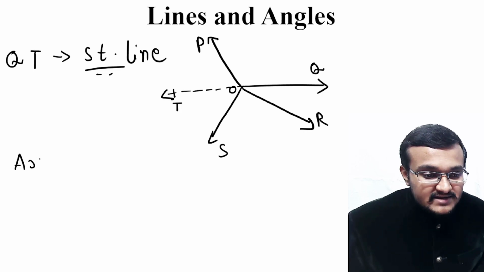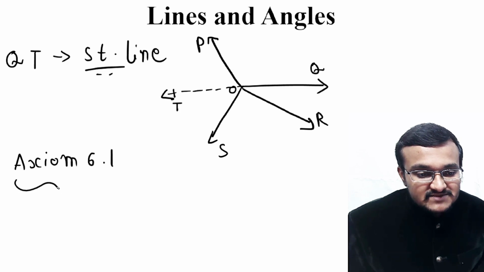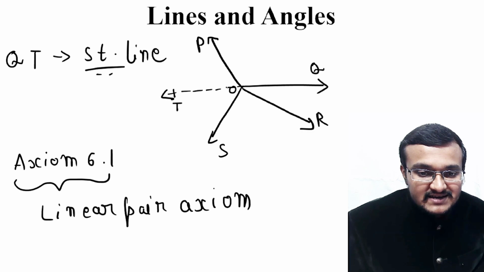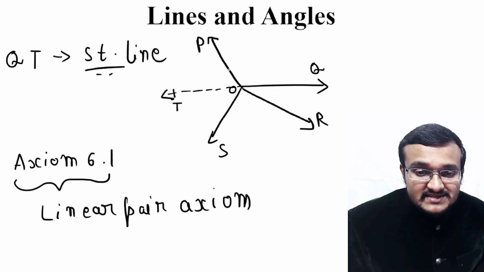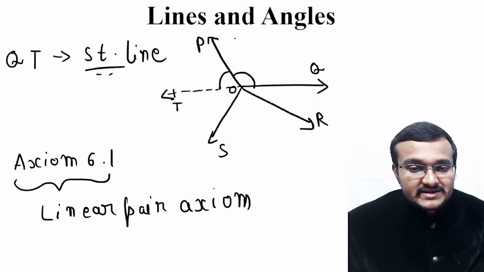So we have learnt axiom 6.1. This axiom 6.1 is known as the linear pair axiom. So what do you mean by linear pair axiom? If you have a straight line like this, and a ray is sitting on this straight line, then the sum of this angle and this angle will be equal to 180 degrees.